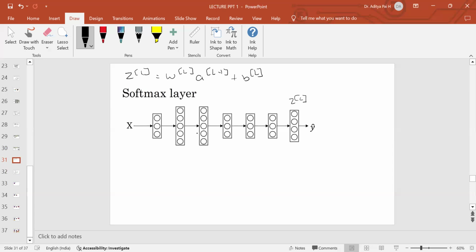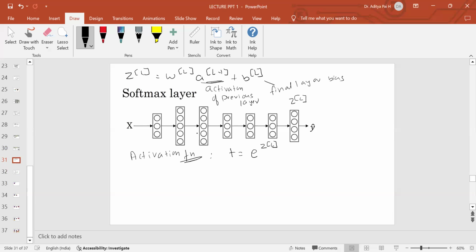The final layer of the neural network is calculated by w of l into a of l minus 1. Here a of l minus 1 is the activation of the previous layer, and b is the final layer bias. The activation function is calculated by t is equal to e to the power of z of l.